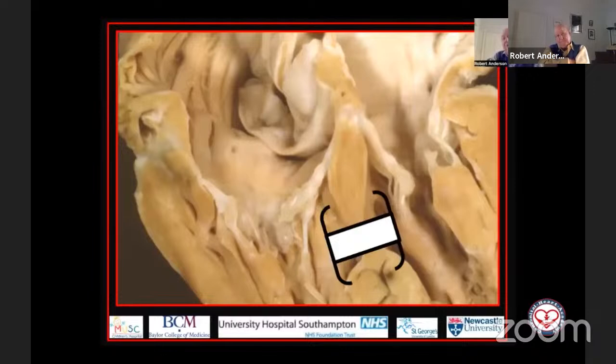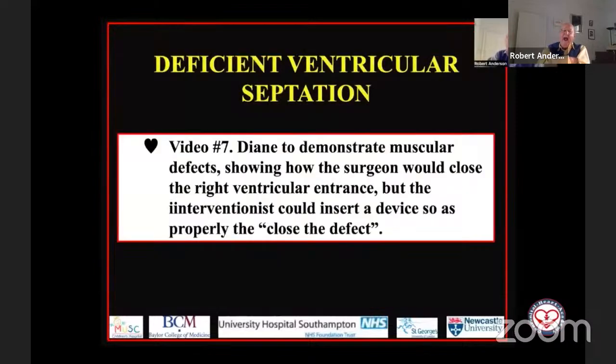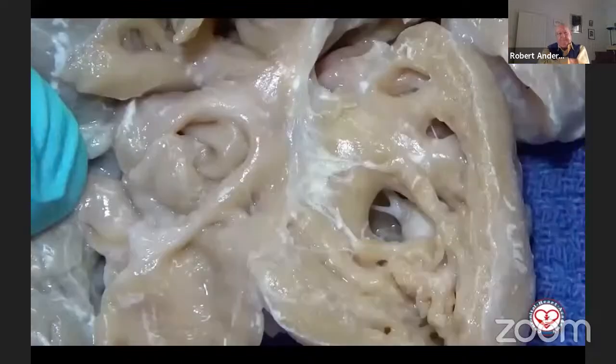And this is what happens when a device is placed within such a muscular defect, because one arm of the device will be on the left ventricular aspect, the other arm will be on the right ventricular aspect. The device itself will properly close the muscular ventricular septal defect. And Diane's now going to illustrate that anatomy to you.